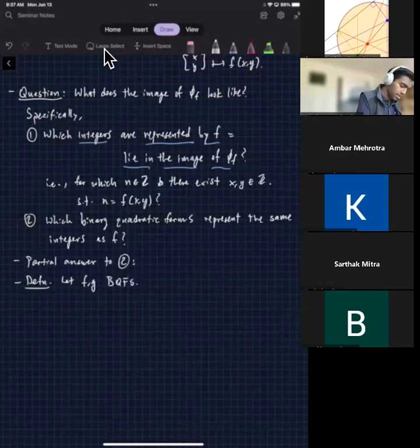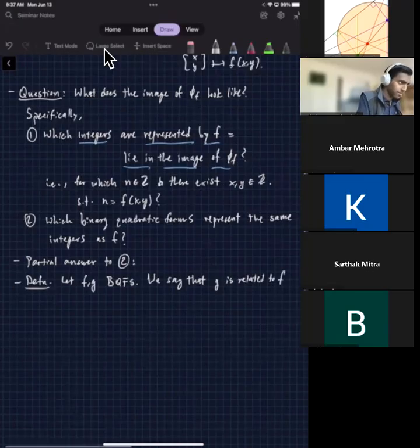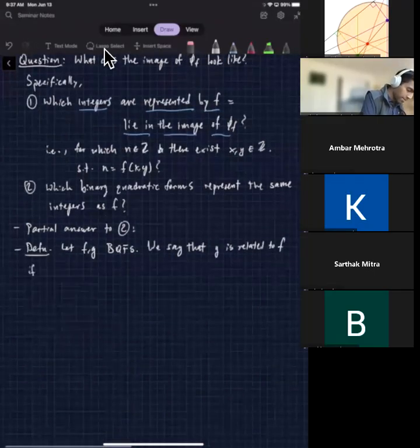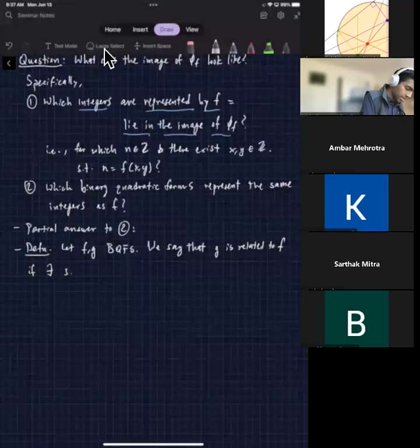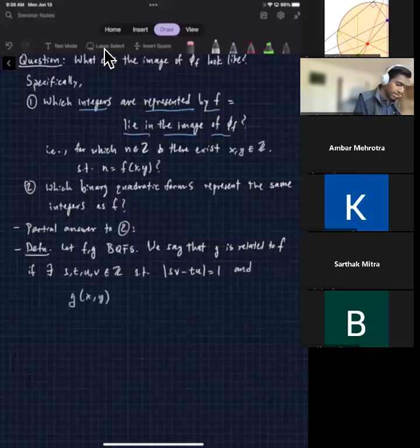Then we'll say that g is related to f if there exist integers s, t, u, and v such that the absolute value of sv minus tu equals 1, and such that g of x comma y is related to f of x comma y in the following precise way.